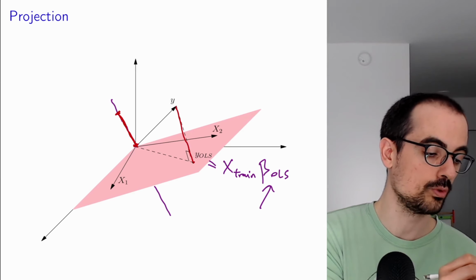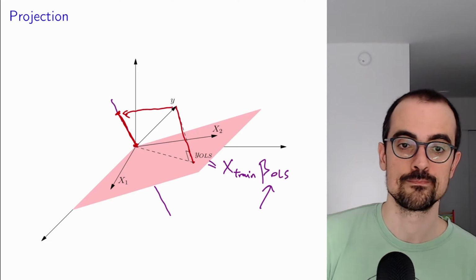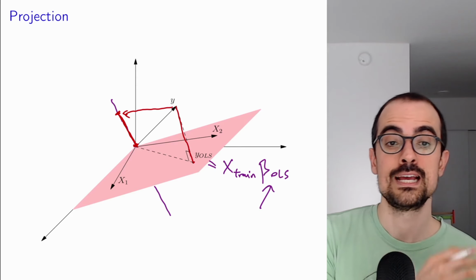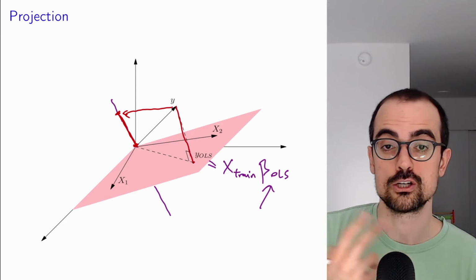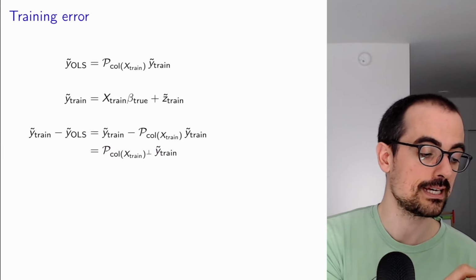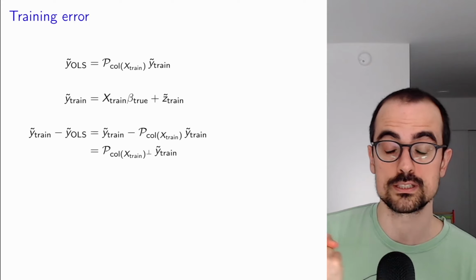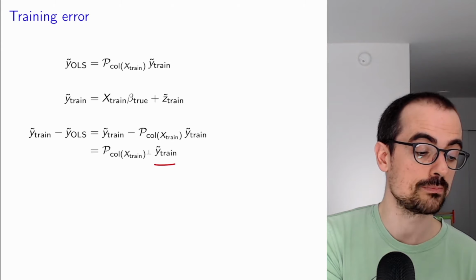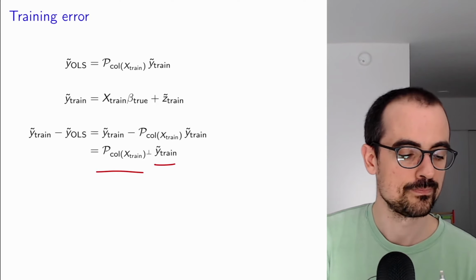So it corresponds to the projection of the response onto the orthogonal complement to the plane. In this case, this orthogonal complement has dimension 1 because n is 3 and the plane has dimension 2 because there are only 2 features. Hopefully it makes sense that the response estimation error of ordinary least squares is the projection of the observed response onto the orthogonal complement of the column space of the design matrix.